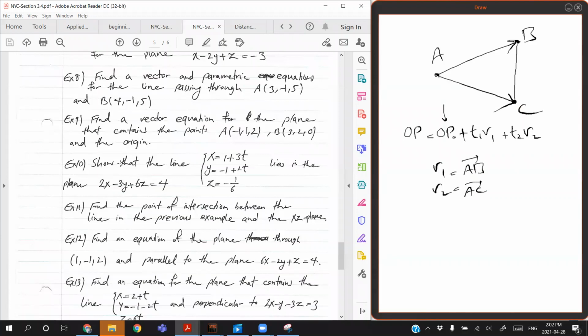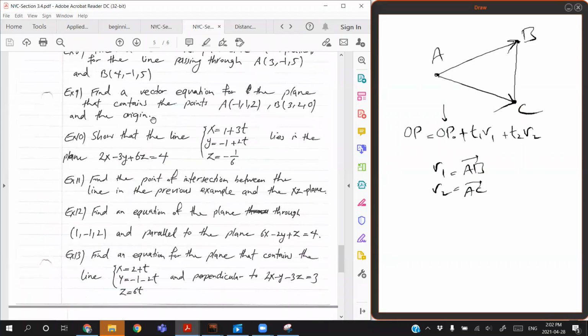So in this problem, one of the points is the origin. So imagine, here you have one of the points is the origin. It says to contain the points A, B, and the origin. So the vector that goes from O to A is a situation like this.